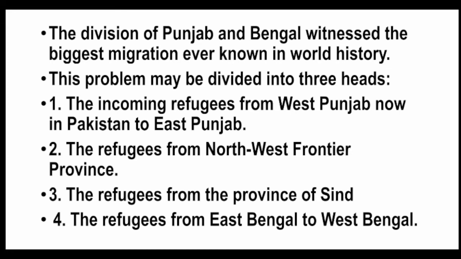The first is the incoming refugees from West Punjab, now in Pakistan, to East Punjab. The second problem was the refugees from the Northwest Frontier Province, which is now called Khyber Pakhtunkhwa. The third problem was the refugees from the province of Sindh. And the fourth problem was the refugees from East Bengal to West Bengal.